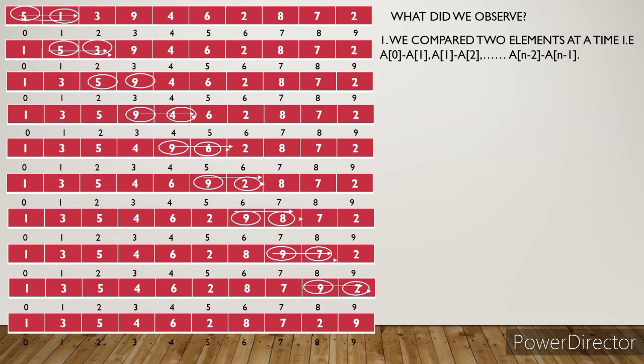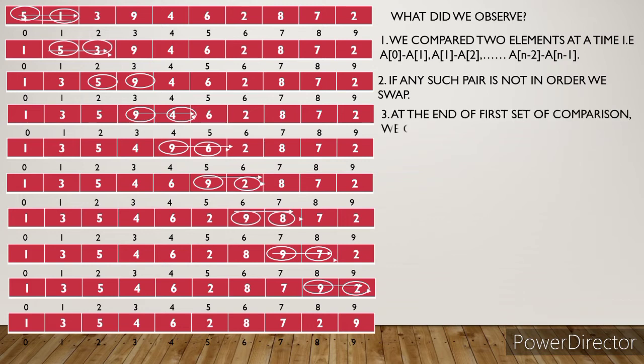That is, if I consider this array to be A, I compared A of 0 with A of 1, A of 1 with A of 2, A of 2 with A of 3, and likewise it went on, up to A of n minus 2 with A of n minus 1. So n over here is 10, so n minus 2 is 8, which was compared with 9. Next, any pair which was not in order was swapped.